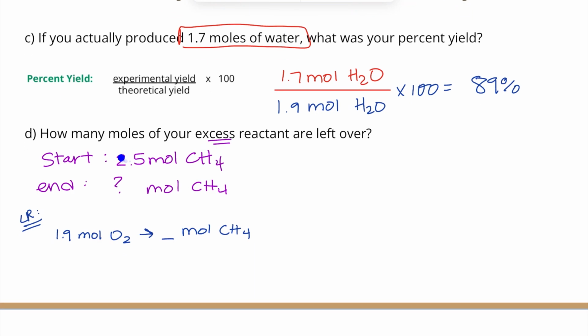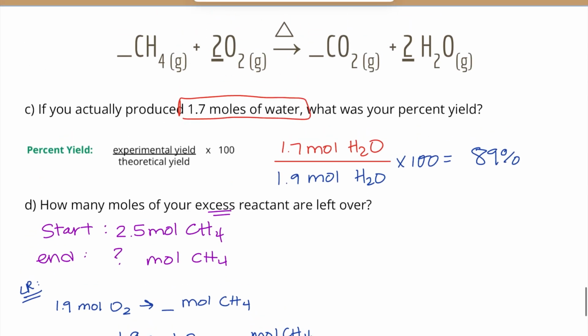We know it's less than 2.5. And so this is just going to be a one step because it's mole to mole. 1.9 moles of oxygen, getting rid of moles of oxygen, getting to moles of CH4. We use our coefficients. So we have 1 mole of CH4 and 2 moles of oxygen. So 1 and 2. And then we can go through and do that math.